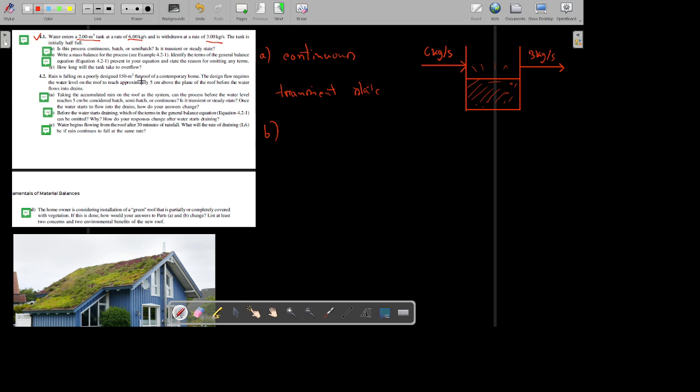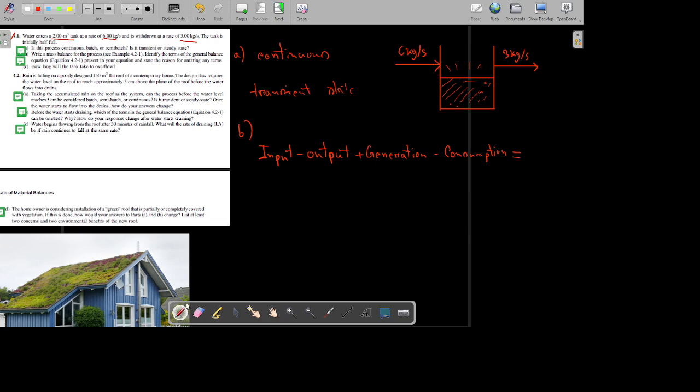So we know that our general balance equation will be input minus output plus generation minus consumption equal to accumulation. Sorry for the bad handwriting.